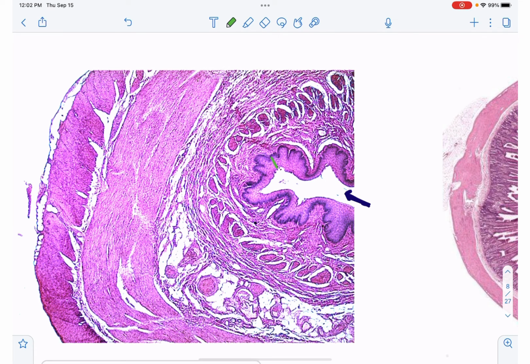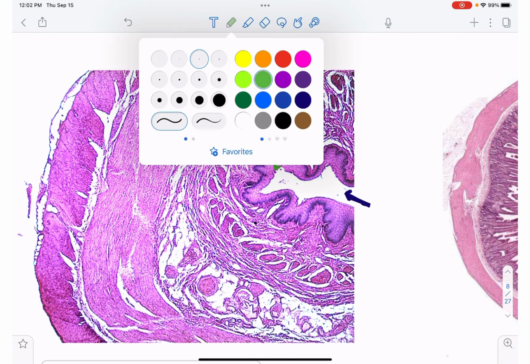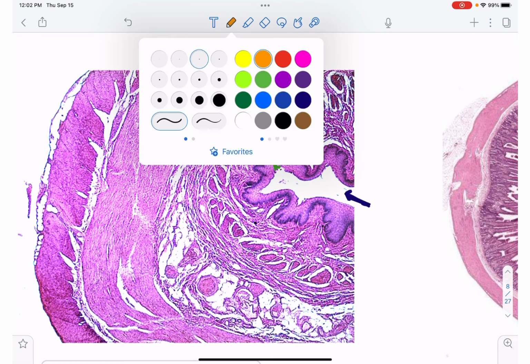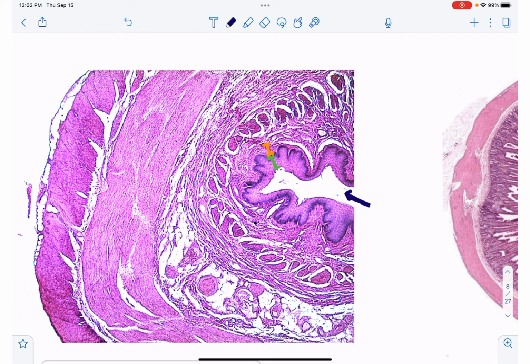This is the epithelial component of the mucosa. And then we have some underlying connective tissue that's hard to identify the boundaries of, but it's probably about there. So this entire area there represents the mucosa, roughly.